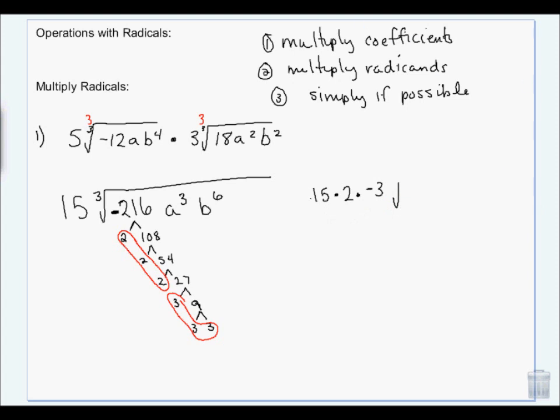And then I have an exponent of 3 here, and I'm dividing by 3 because again I'm looking for cubes. Dividing by 3, so I have a, because 3 divided by 3 is just 1, and then b squared. So this is negative 90 ab squared.